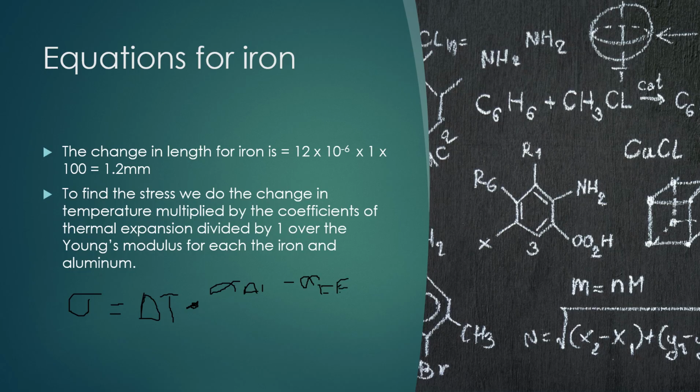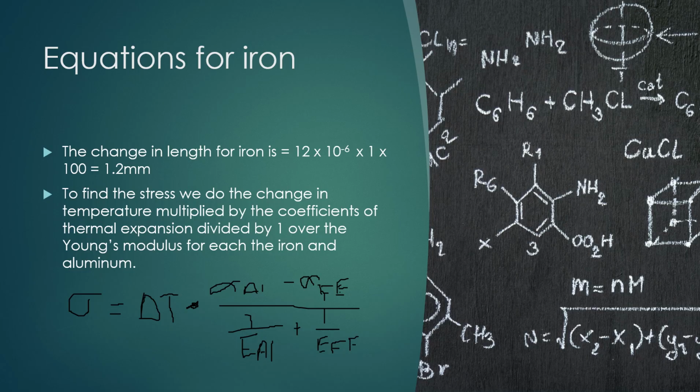It's a really bad E, but divided by 1 over the Young's modulus for iron and aluminum, so 1 over the Young's modulus of aluminum plus 1 over the Young's modulus of iron.